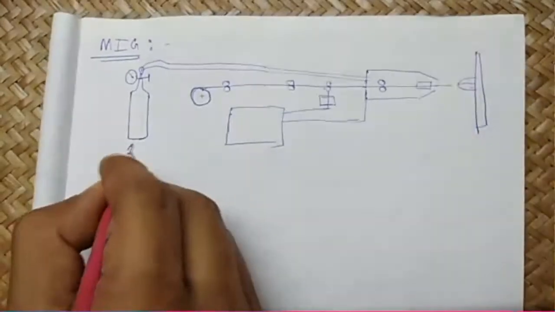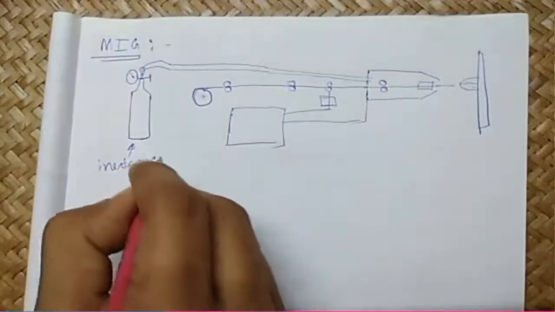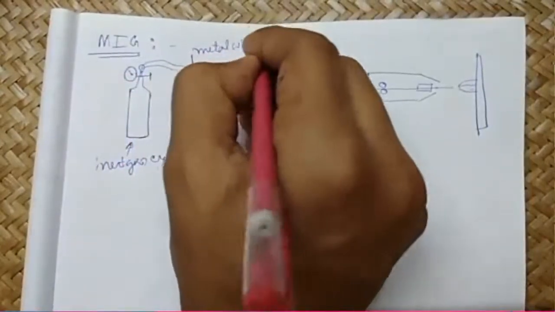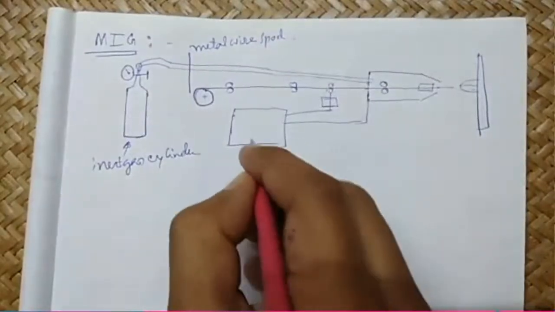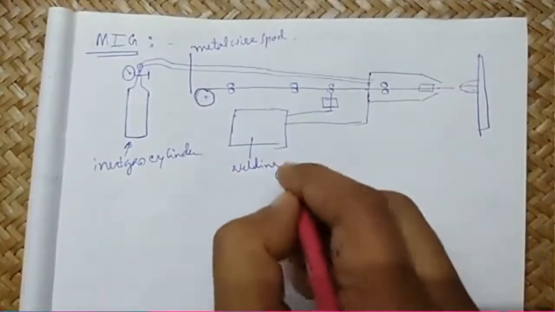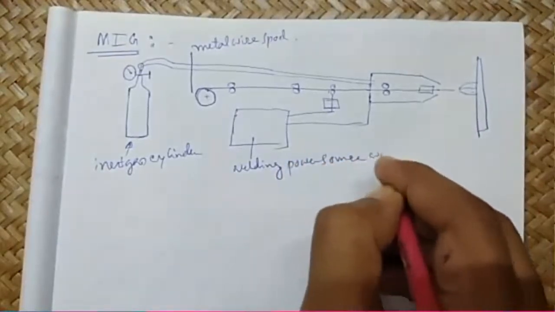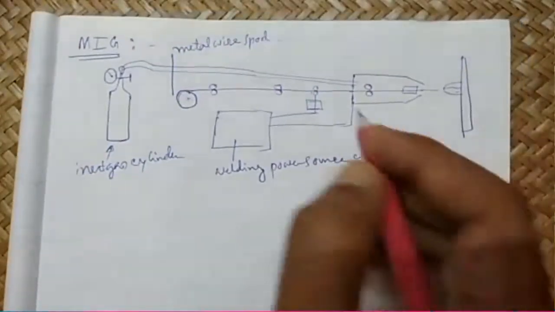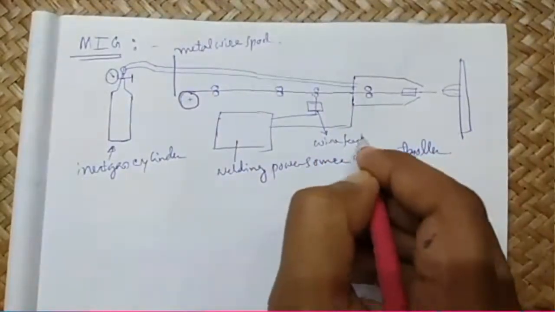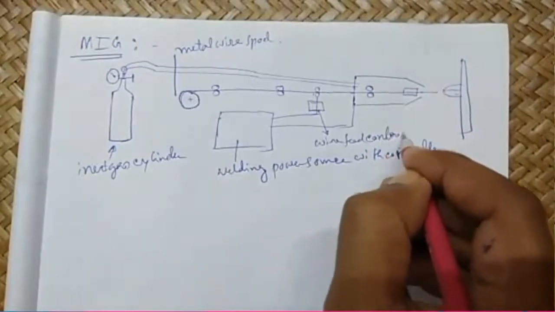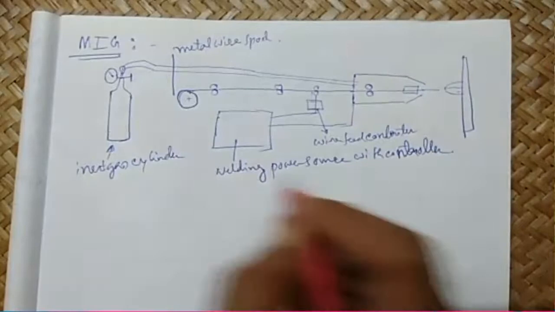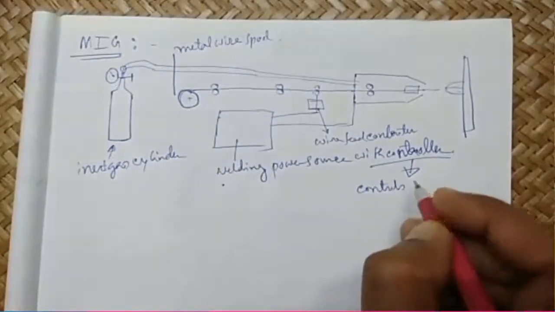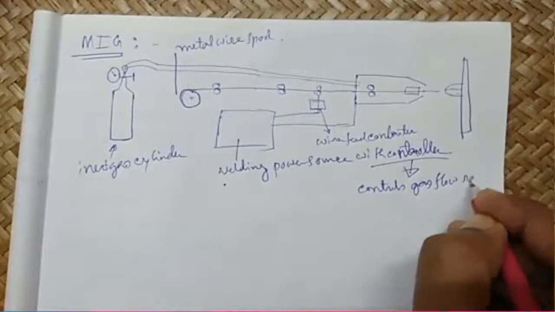Okay, so this is the inert gas cylinder, this is the metal wire or filler wire spool, this is the welding power source with controller, this is the wire feed controller, and this welding power source with controller also controls the gas flow rate.